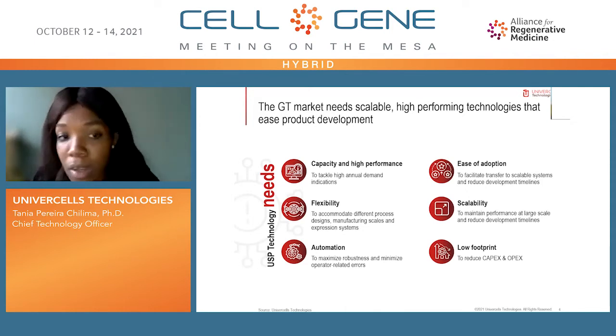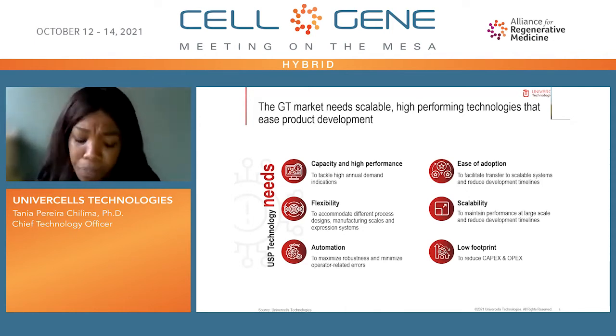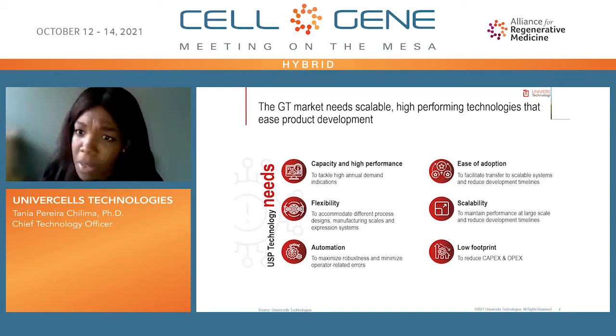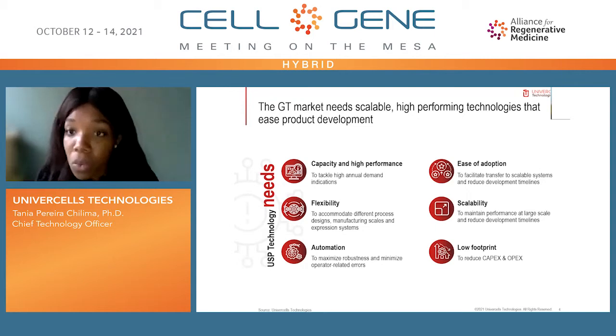Flexibility, as I mentioned, there are different annual demands for different indications in the space, but flexibility also means the ability to accommodate different process designs and potentially expression systems.